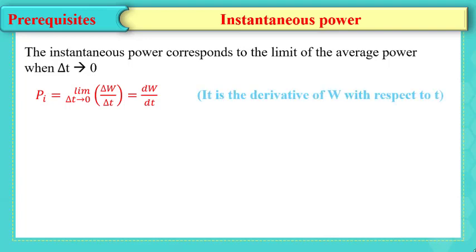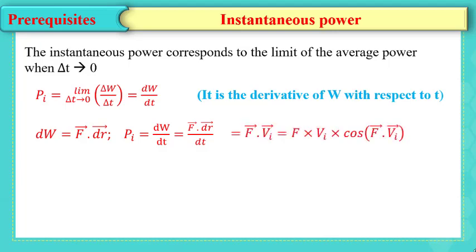And the answer is just the derivative of work with respect to T. dW equals F dot dr in this case, since we are dealing with a constant force, and the last answer is P instantaneous equals F vector dot dr vector by dt, which means that it is F dot v vector because dr by dt is simply the velocity vector.